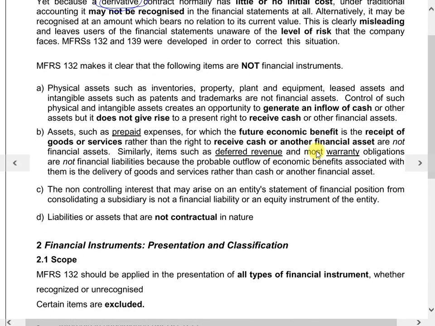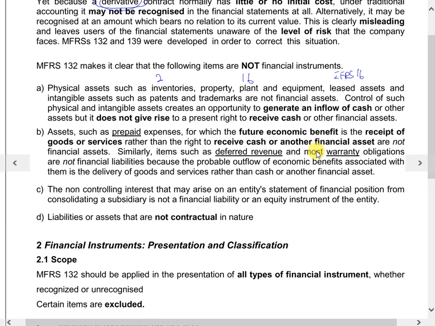These examples here are not financial assets. So physical assets like inventory, which IAS are we talking about? Inventory, IAS 2. Property, plant and equipment, IAS 16. Lease asset, IFRS 16, you learned last semester.